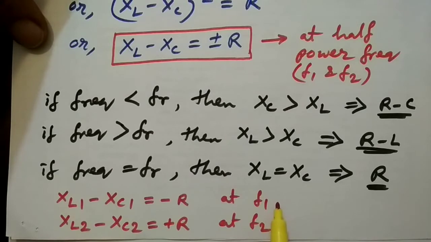At F1 the capacitive reactance is more than the inductive reactance, so the value will be negative. And at F2, the frequency more than the resonant frequency, XL will be greater than XC, so the value will be positive.